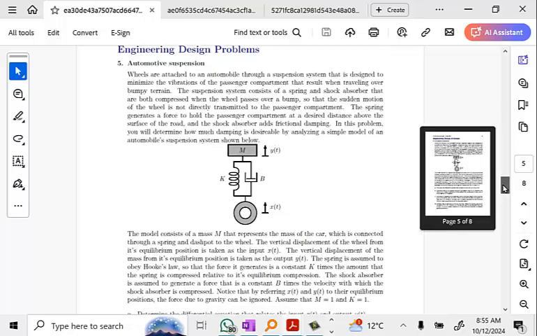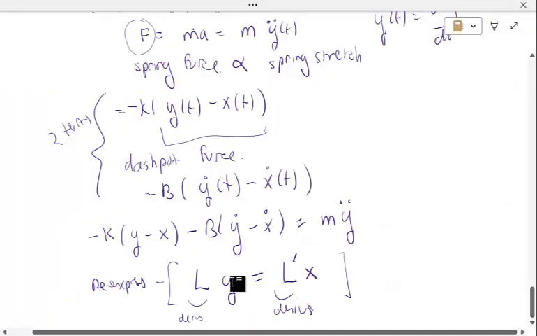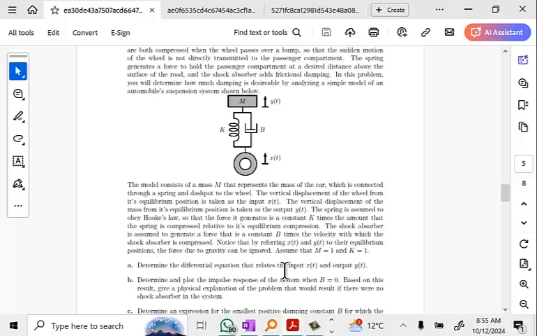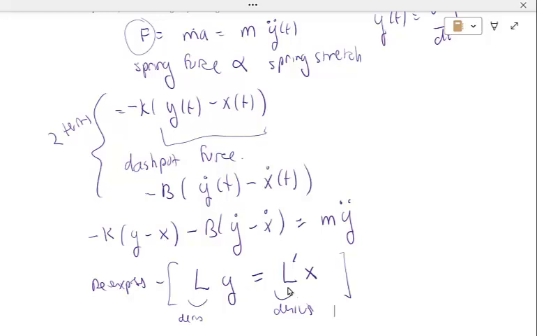Okay, so the first question is, determine the differential equation. It's going to have this kind of form that I showed here. So you'll have to give the L and the L prime explicitly. And determine and plot the impulse response of the system when B equals 0. So how do you get that? Well, you can go back to the previous notes that I did, how to get the impulse response from a differential equation.